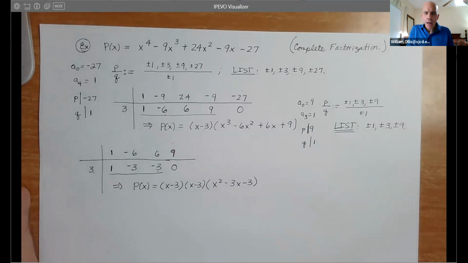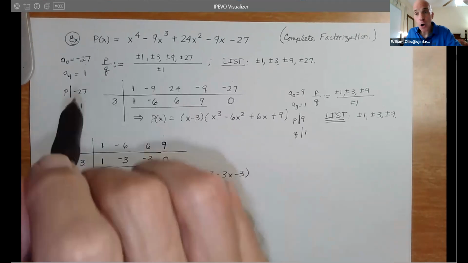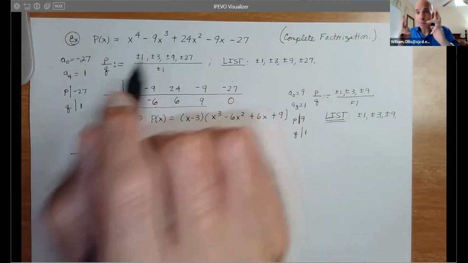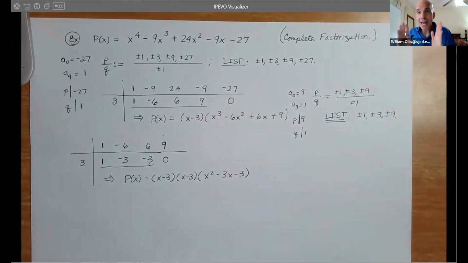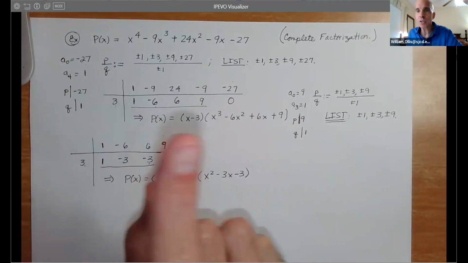Now, I think what's important about doing this is that the goal, if you start out with a cubic, is keep your fingers crossed for a rational zero so you get a quadratic, and then you're home free. With the fourth degree, keep your fingers crossed that you can get 2 rational zeros, then you have a quadratic, then you're good to go.